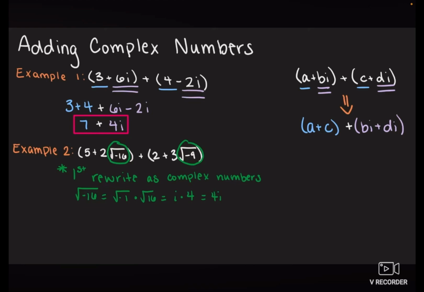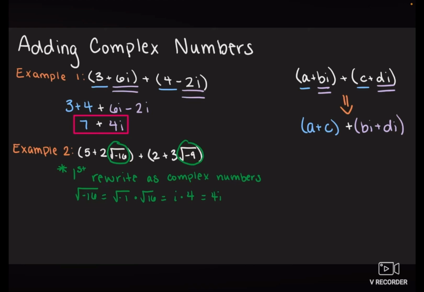Let's see another example. (5 plus 2 square root of minus 16) plus (2 plus 3 square root of minus 9). First you have to rewrite as complex numbers.